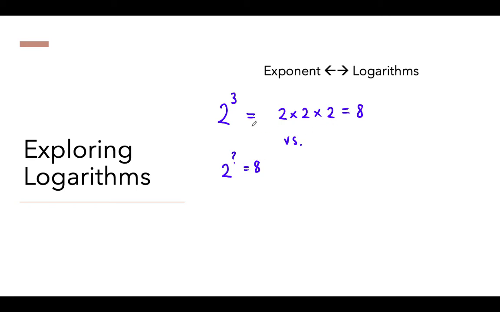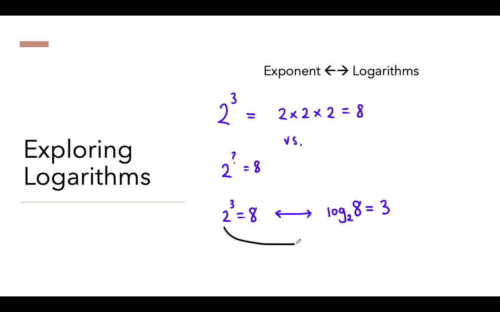So if I want to translate this, for example, I have 2 to the 3 is equal to 8. So this is my exponent form. And if I have to change it into logarithmic form, it's going to be log. The base stays the same. So the base is 2, but in subscript. And the 8 goes right beside the logarithm and is equal to 3.